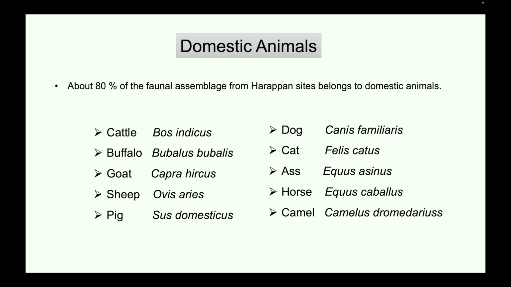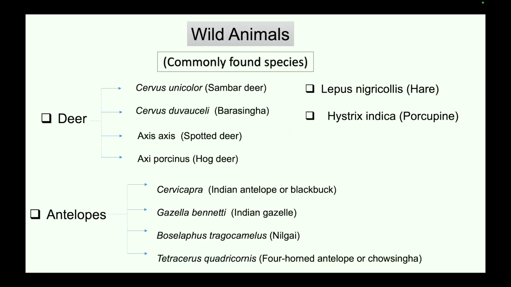These are the domestic animals of the Harappan people.